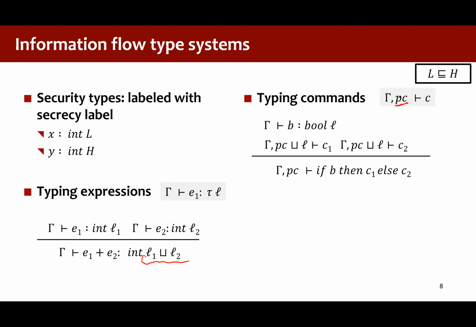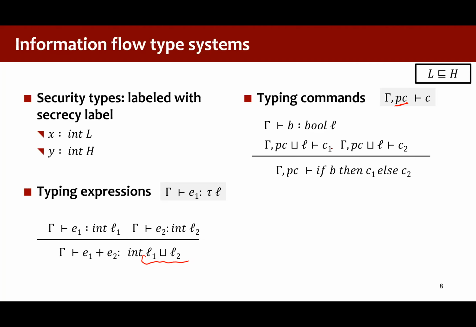It's easier to explain when I directly show you the branching type checking rule. Here I have a branching statement: if B, then C1, else C2. I first type check B. B is a Boolean, and B has a label L. Now I type check C1 and C2. Remember that we have implicit flows if you branch on a high variable. When I'm inside the branch, there could be implicit flow from the branching variable to the variable you might assign inside the body of the if statement.